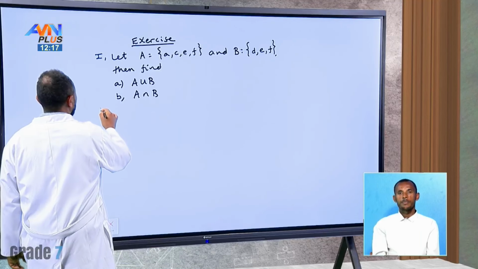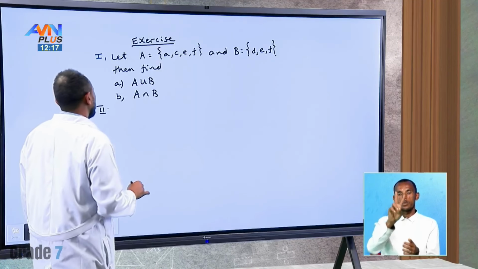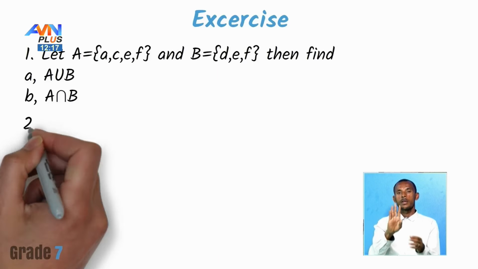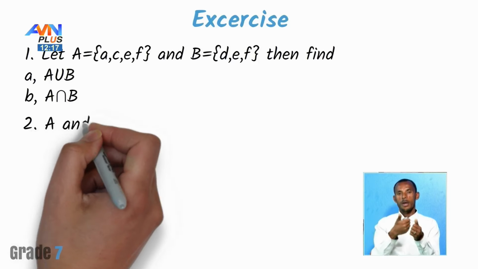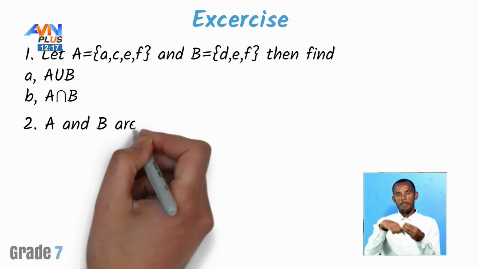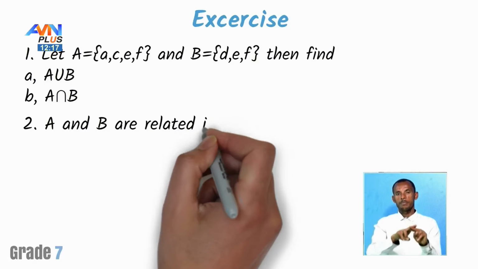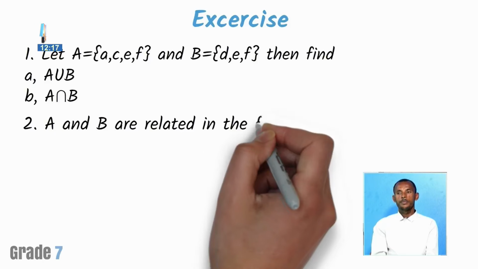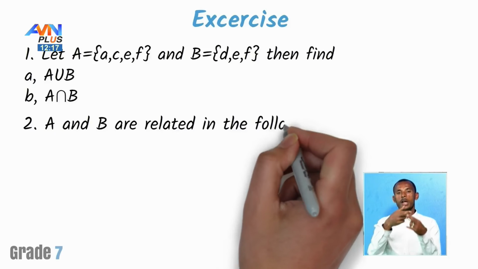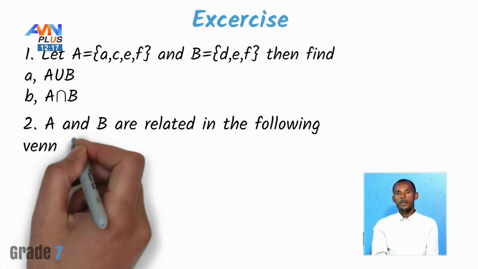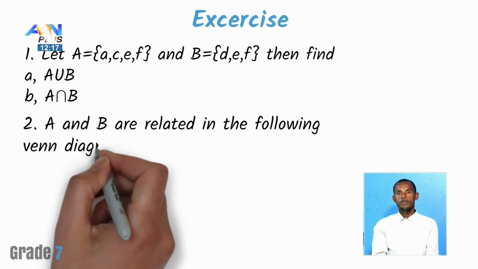The second question. Okay, A and B are related in the following Venn diagram.